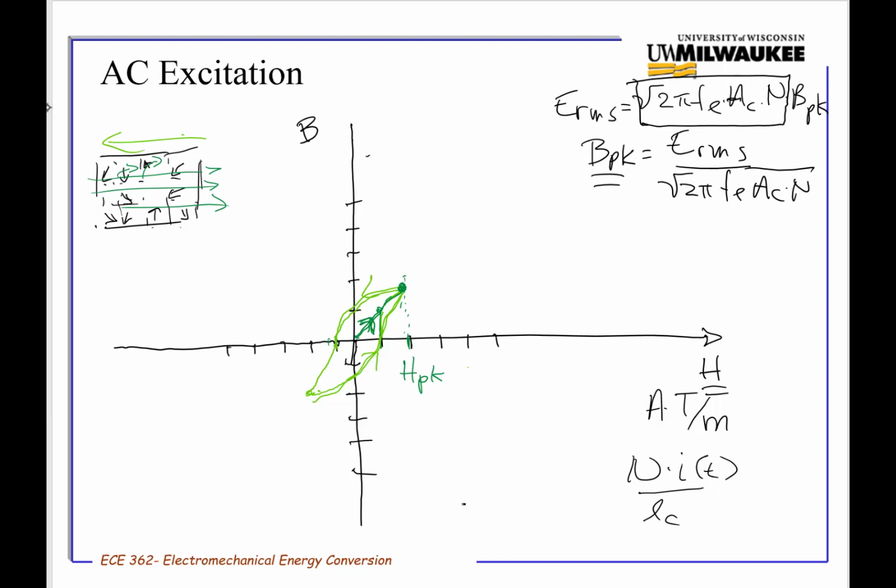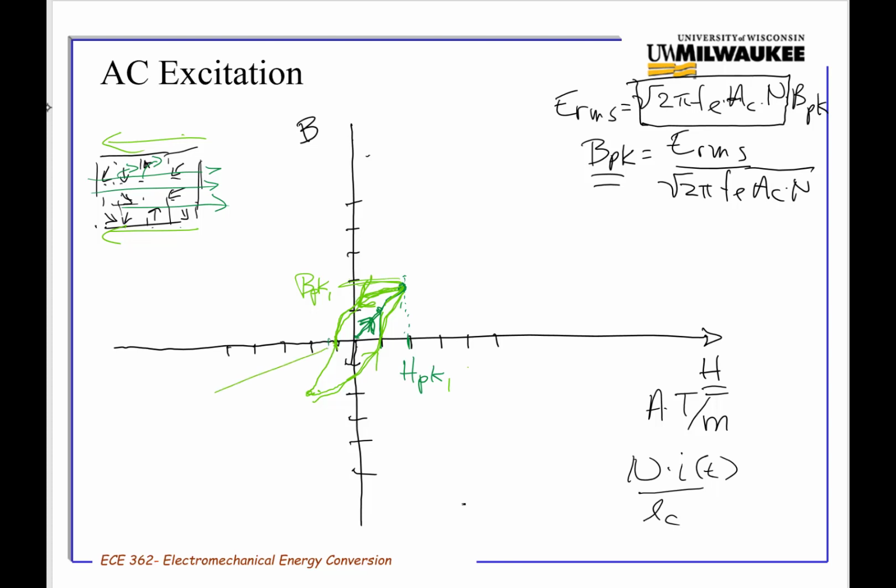So you're going negative current, and this material can't remember where it started. It's going to start to knock these guys back in the other direction. So it's not going to follow the exact path back here. It's going to follow a different path as it's going down. And it will have gone up to some level of B, I'll say B peak 1 here, and this is H peak 1.